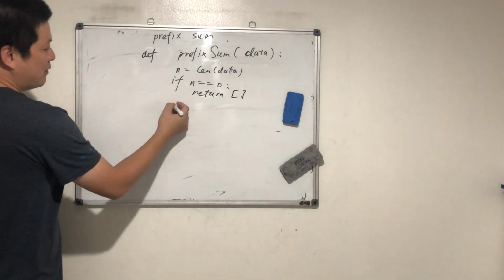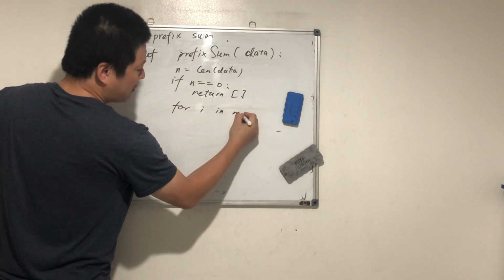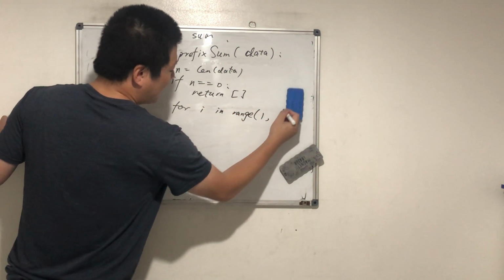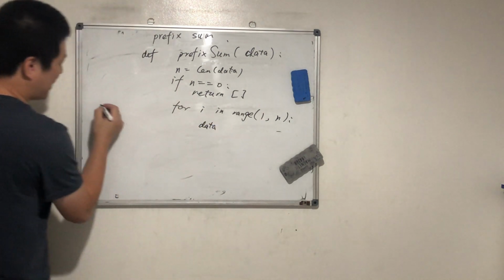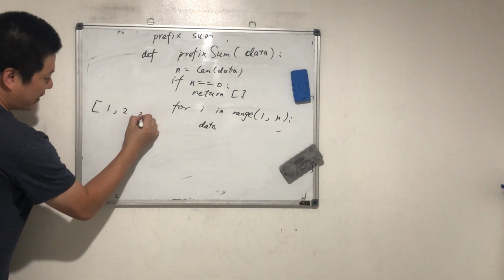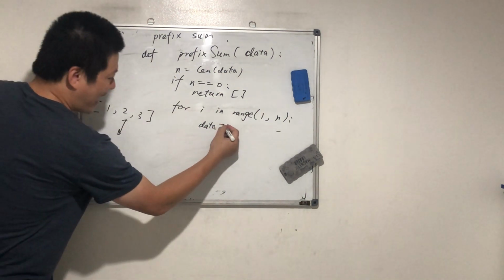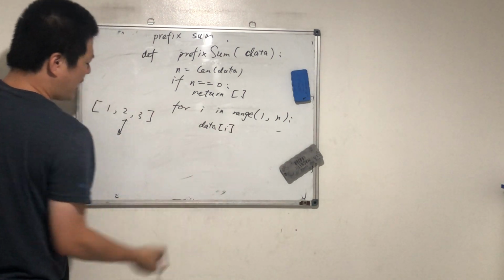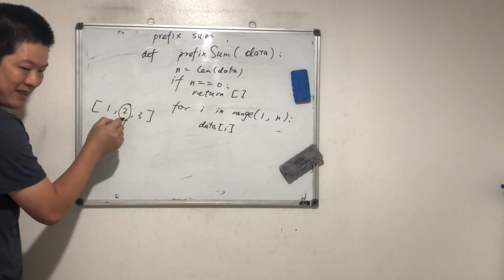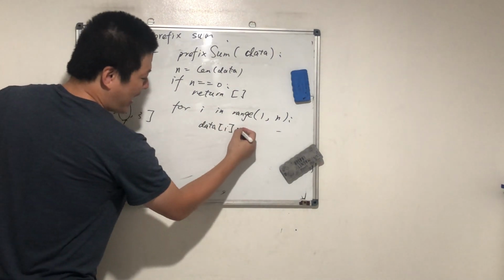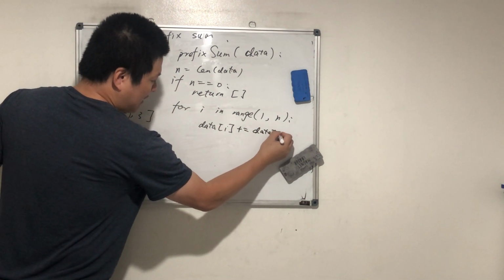And then what should we do? For i in range, we start from the second element up to n. Data i equals what? I need to add the previous one. So data i plus equals data i minus 1.